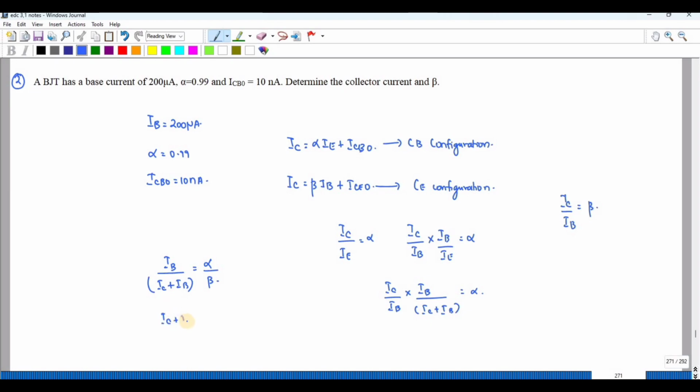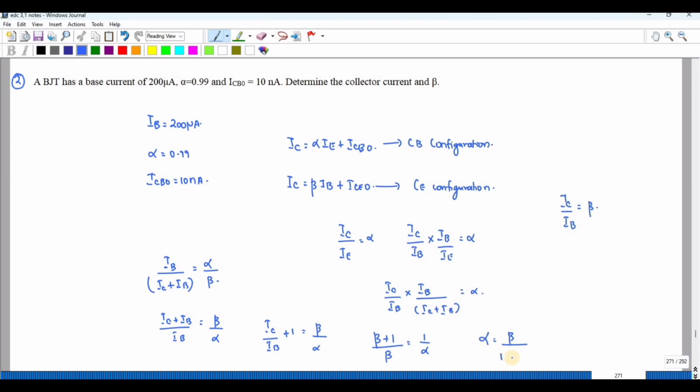So what is IC plus IB divided by IB? That is equal to beta divided by alpha. So IC by IB plus 1 is equal to beta by alpha. So this is nothing but beta plus 1 divided by beta is equal to 1 by alpha. So what is alpha now?